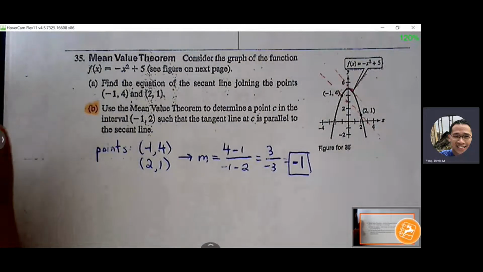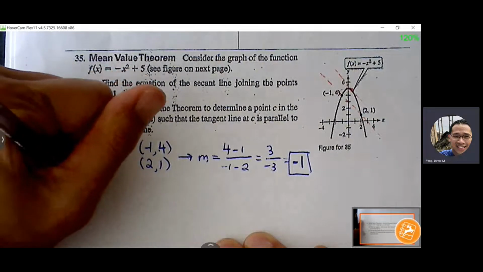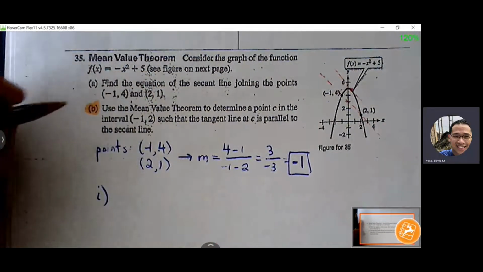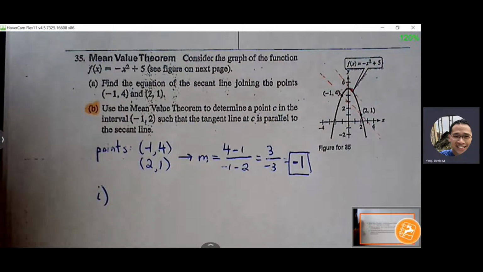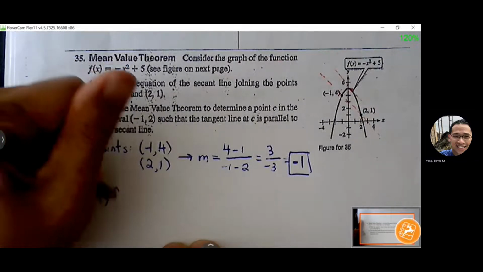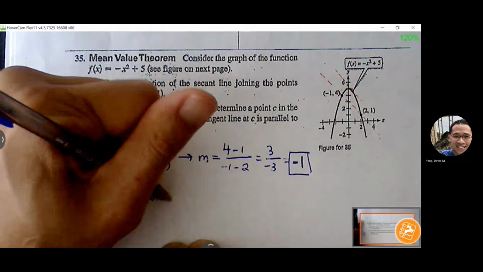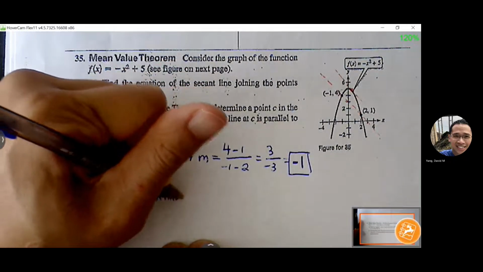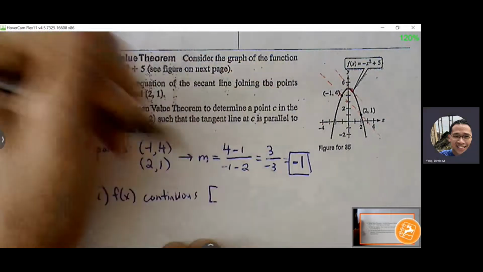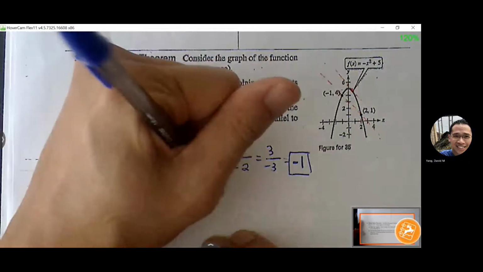So now we're going to jump into the mean value theorem. The first thing we want to establish, if we want to do mean value theorem, is that we go through our conditions. Our conditions are that our function is continuous on the closed bracket from -1 to 2.